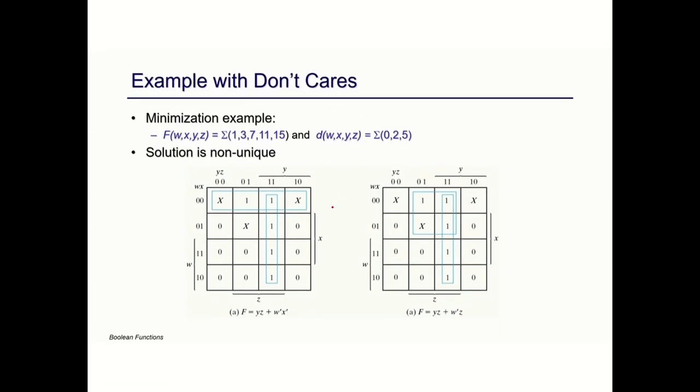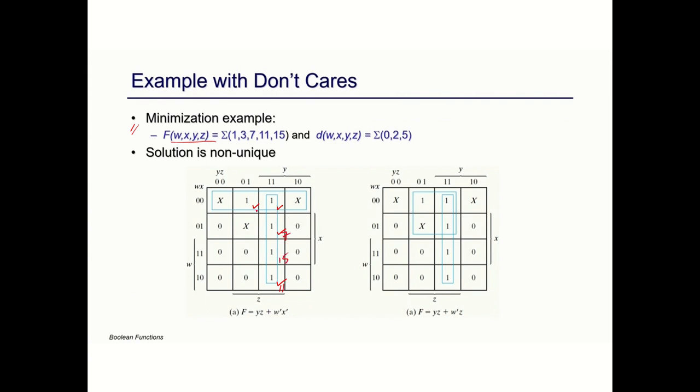So one example is shown with the help of don't cares. Here, in this case, for f the onset positions, as I have already shown, are 2, 3, 7, 11, 15. This is 2, this is 3, then 7, this is 11, this is 15.